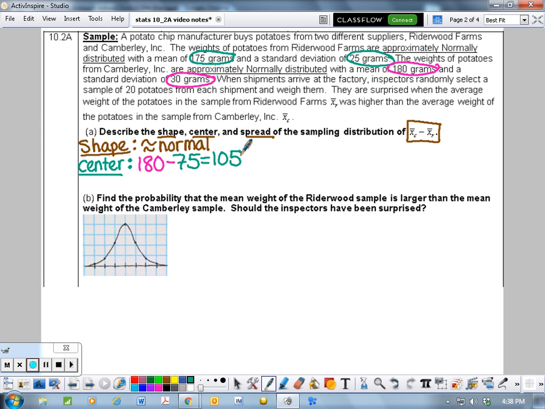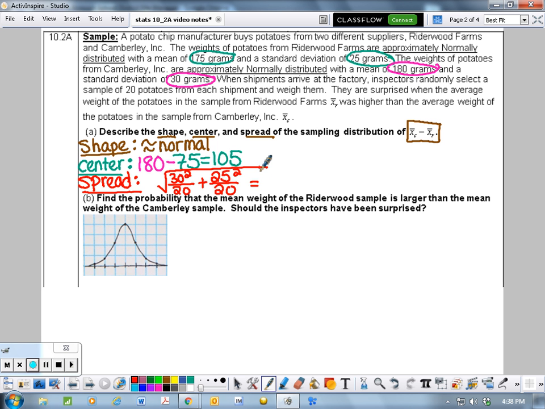And then our spread should be us combining those two standard deviations. So the square root of our standard deviation squared, 30 squared divided by our sample size, 20, plus our standard deviation squared, 25 squared over our sample size, 20.